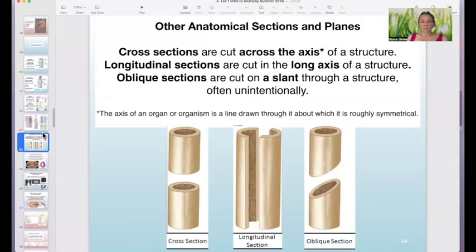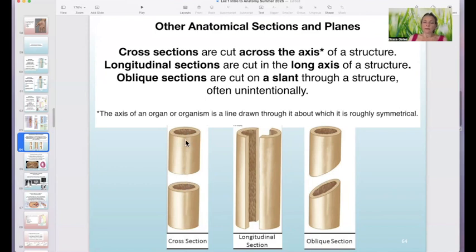There are other anatomical sections and planes. Cross sections are cut across the axis of a structure. Okay, and an axis of an organ or an organism is the line drawn through it about which it is roughly symmetrical. So here's a simple example. This might be a piece of intestine, which would be a tube with a central lumen, is what it's called, like a canal or lumen going through it.